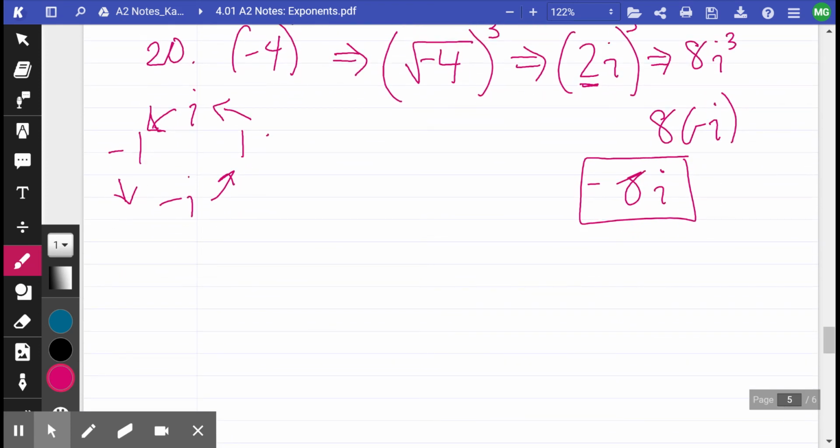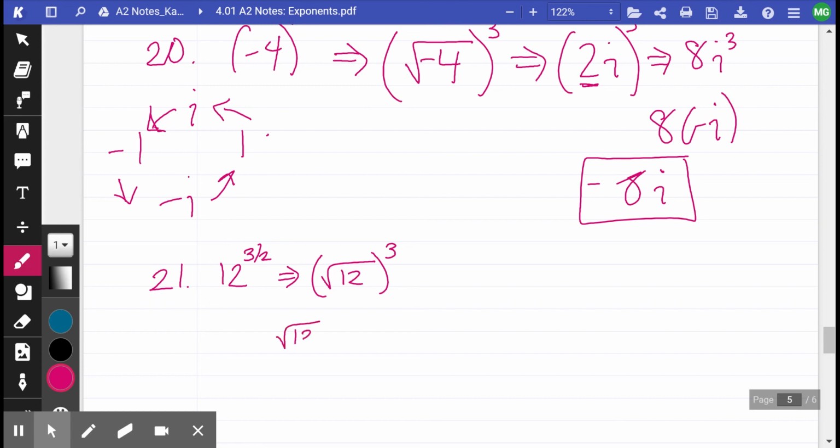Okay, let's try another one. Let's do 12 raised to the 3/2 power. Pause the video, see if you can at least rewrite it, and then we can go over the rest together. All right, so hopefully you did the square root of 12 raised to the 3rd power. So from here, we want to try and simplify this. So it's not an even exponent.